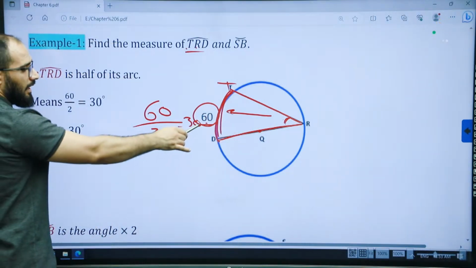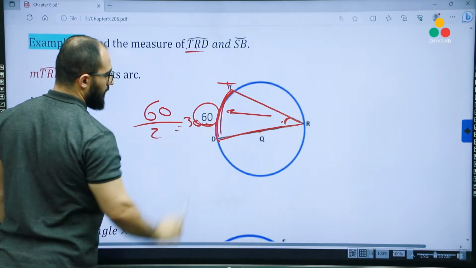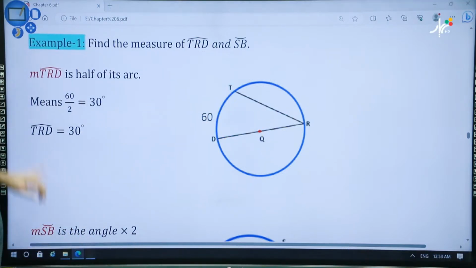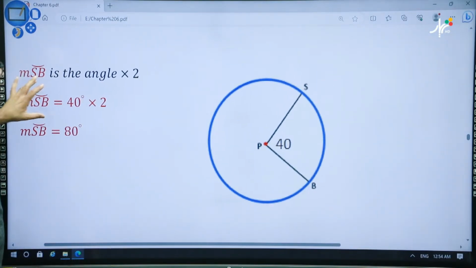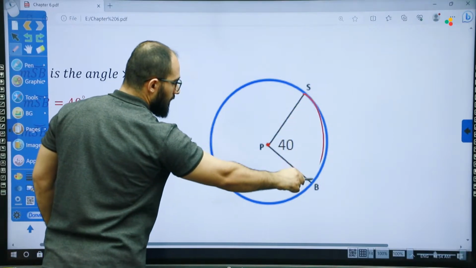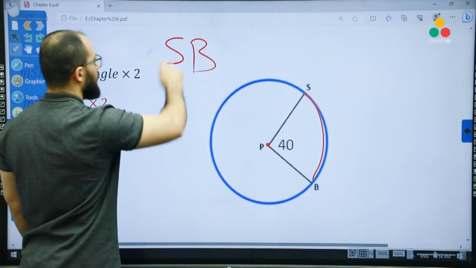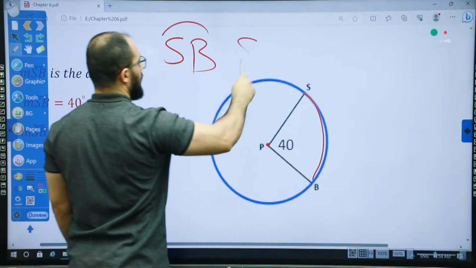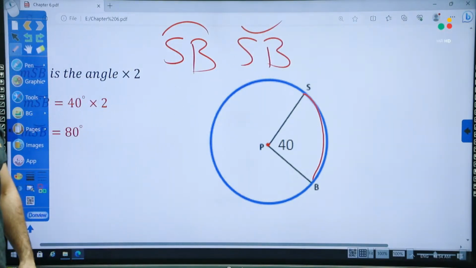Right now you can see that we have the arc, and to find the angle, we divide it by 2. But here we have SB. This is SB. Right now we have an arc. I told you, whenever you see this sign, it means you have an arc.